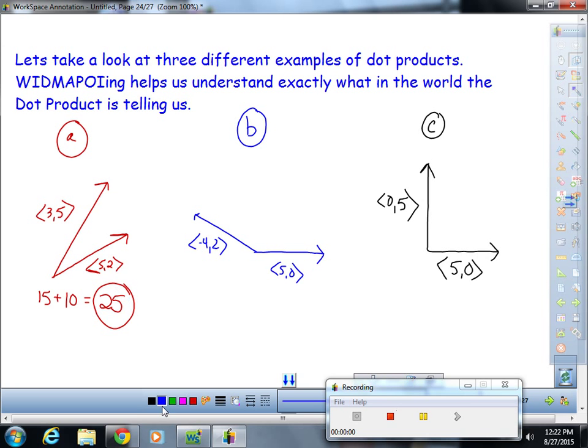Okay? Here we have negative 20, negative 4 times 5, plus 0, which equals negative 20. Okay? And here we have 0, 0 times 5, plus 0, 5 times 0, which is 0.